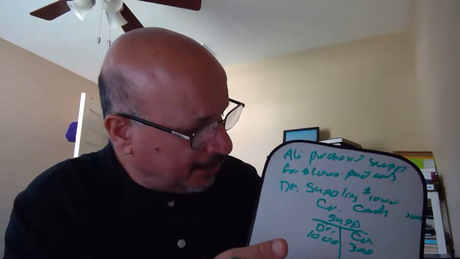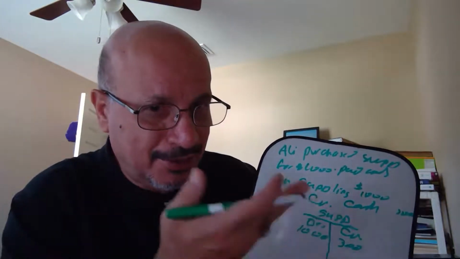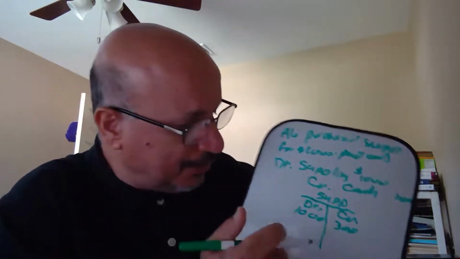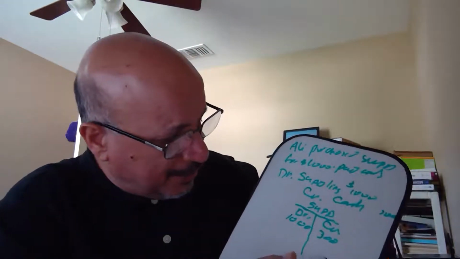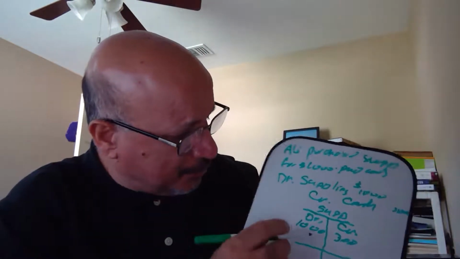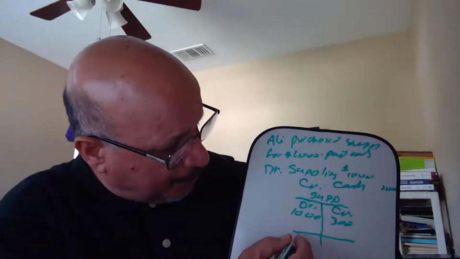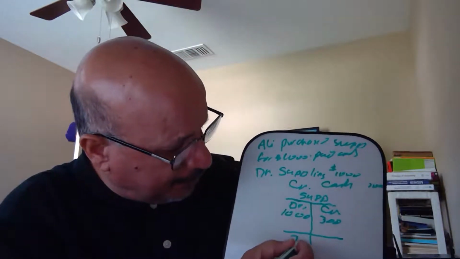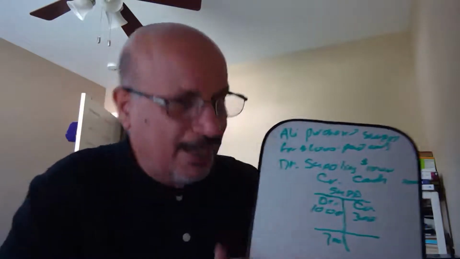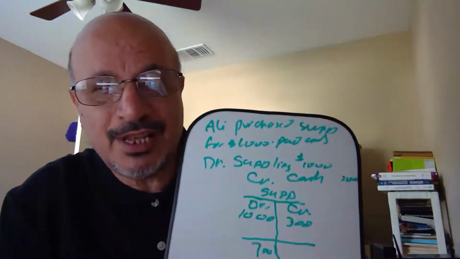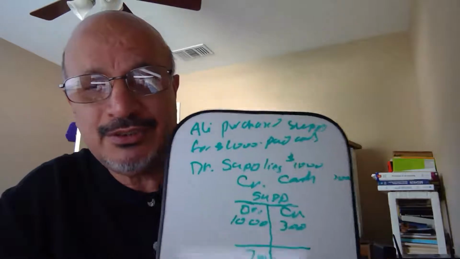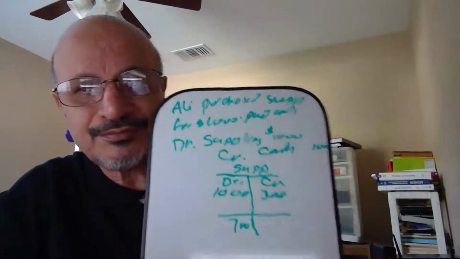When assets decrease, they are credited. So the balance right now in supplies, which one is larger, the debit side or the credit side? The debit side by 700. That's the balance. That means we have $700 worth of supplies that we still haven't used in our inventory.